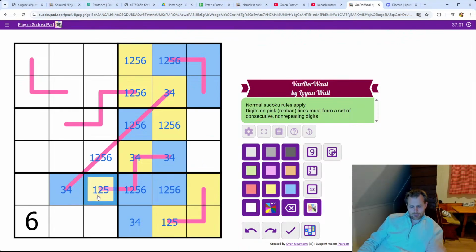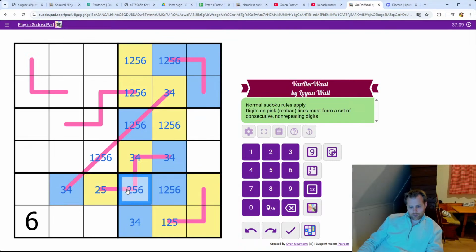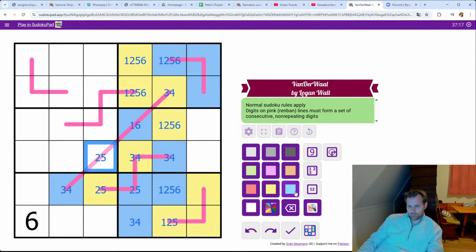Ah, so this is then 2 or 5, and this is also 2 or 5, so this is not 2, 5, so this is the 2, 5 of blue.